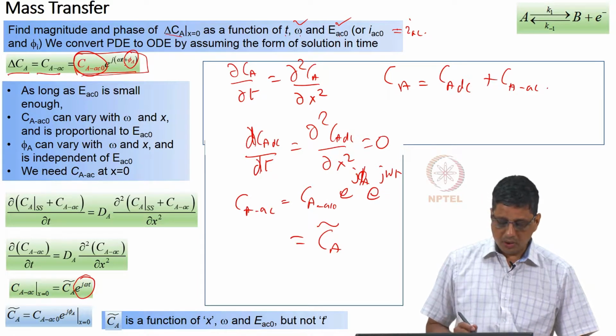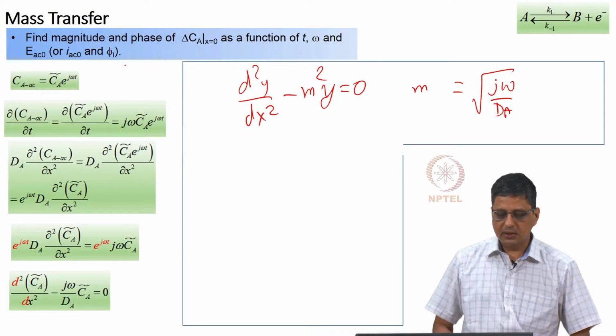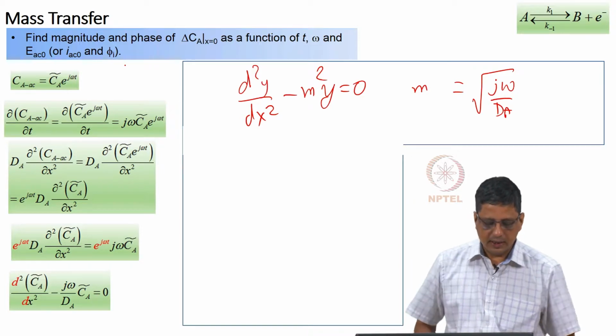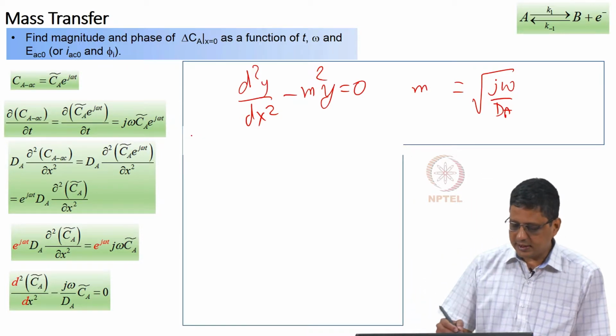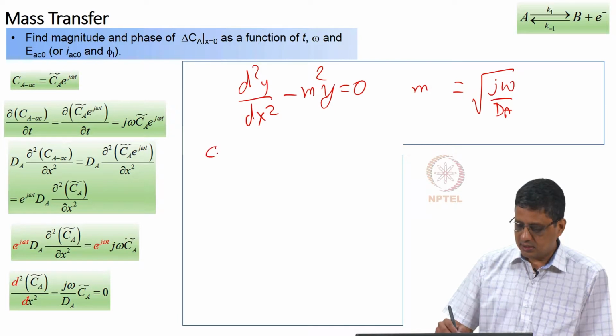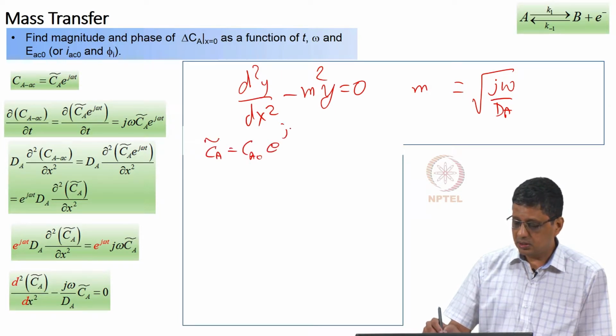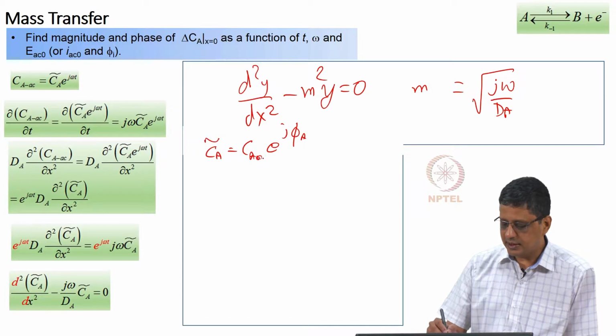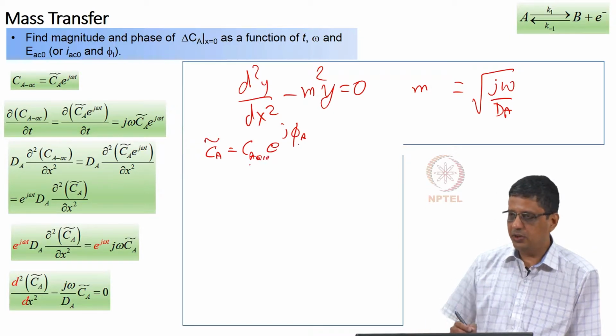When we do this, we get an ordinary differential equation in terms of the location for C_A tilde, where C_A tilde is C_A AC 0, the phase and magnitude of the amplitude.